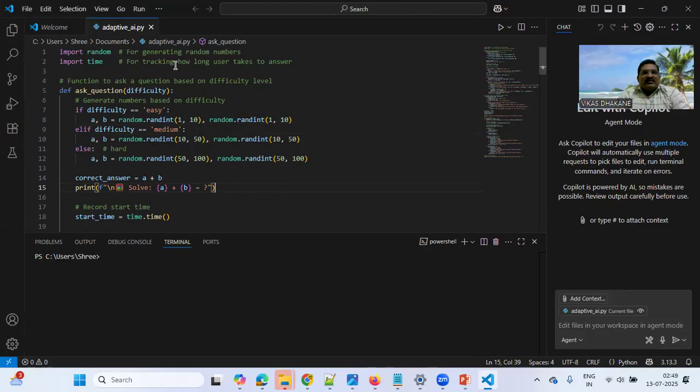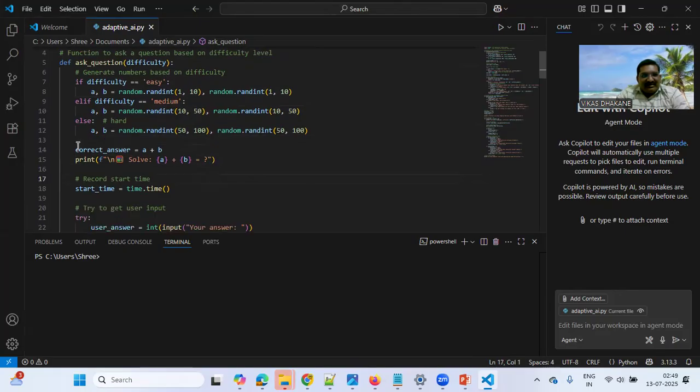Here we have used libraries like random, which will generate random numbers in order to solve some arithmetic calculations. And we have used the time library in order to track how much time the learner is taking to solve the question. Then we have used functions related with difficulty, like easy question, medium question, hard question. For that we have written functions.